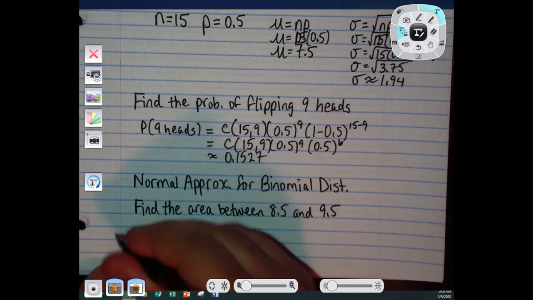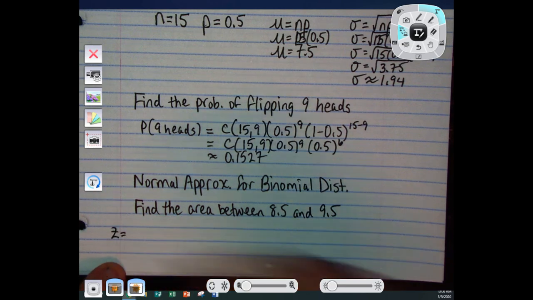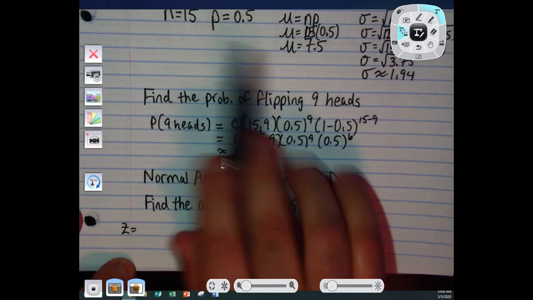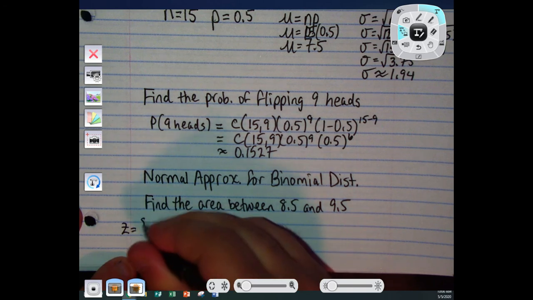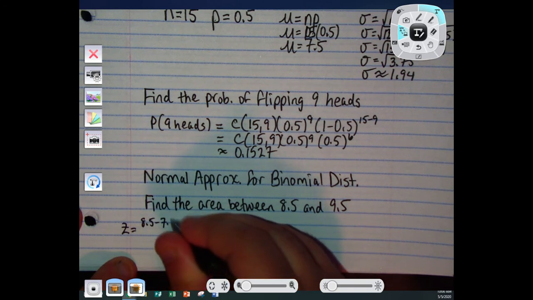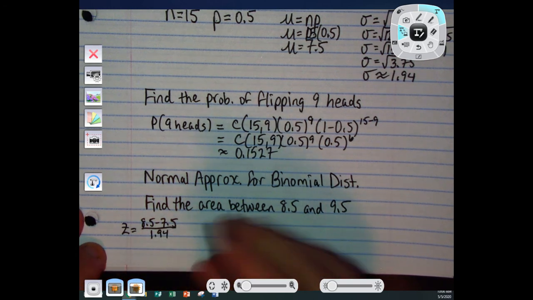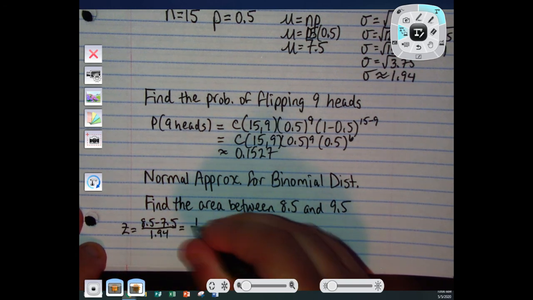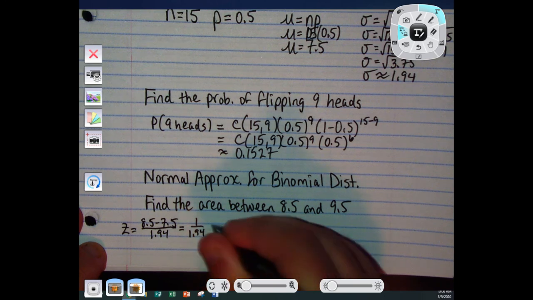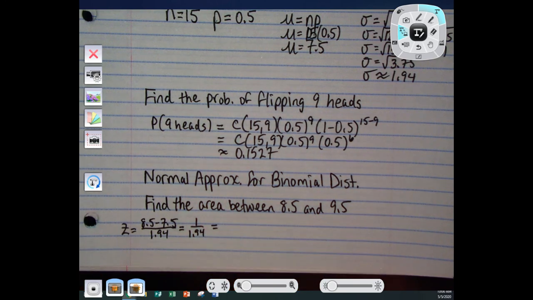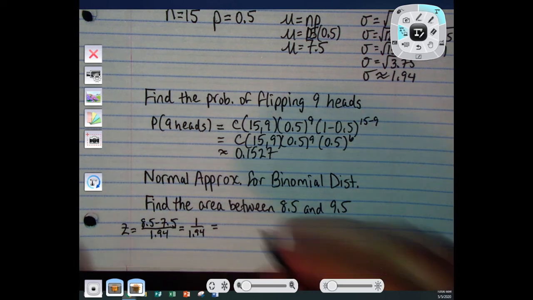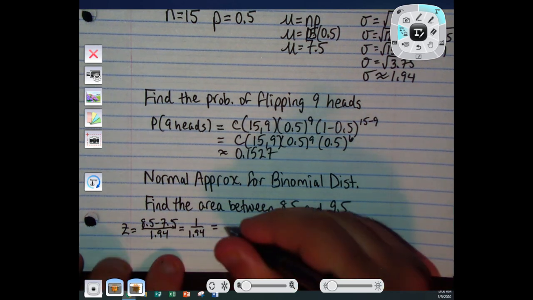So in this case, we would do a z-score for 8.5 using mu and sigma. So we would do 8.5 minus 7.5 divided by 1.94. That would be 1 divided by 1.94, which gives us a z-score of approximately 0.52.